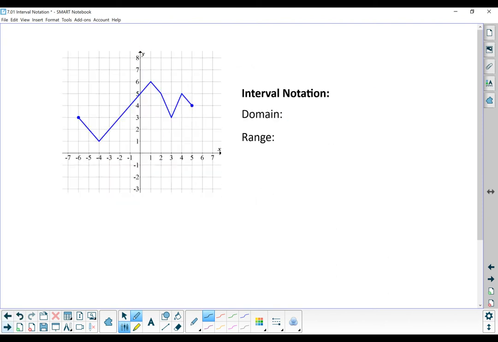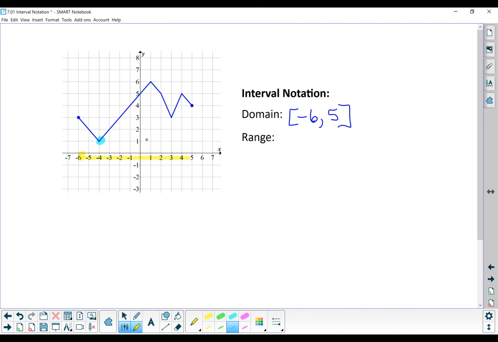Okay, for this one, we want to write our domain and range in interval notation. So for the domain, it looks like the right side starts here all the way to the left side. So our domain is from bracket -6 to 5, both ends included. Okay, for range, we're thinking about the lowest to the highest.